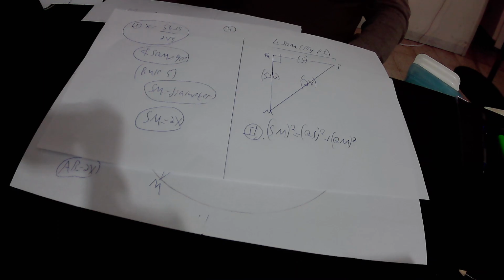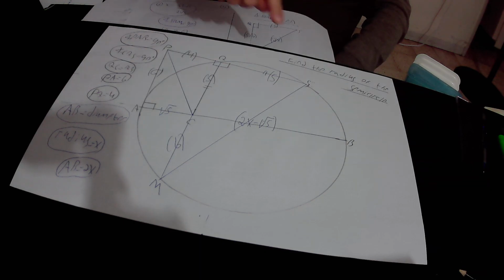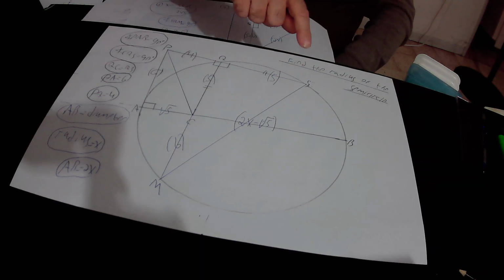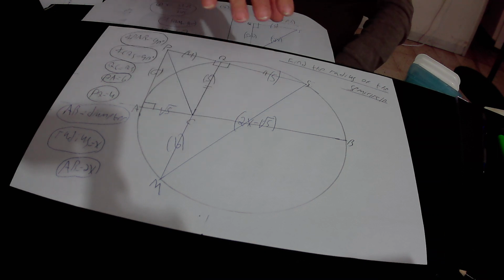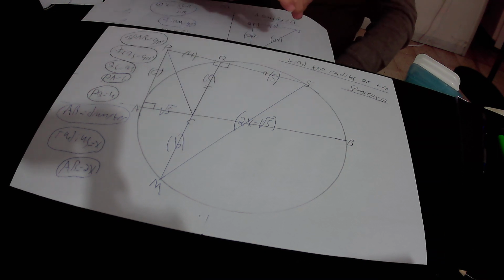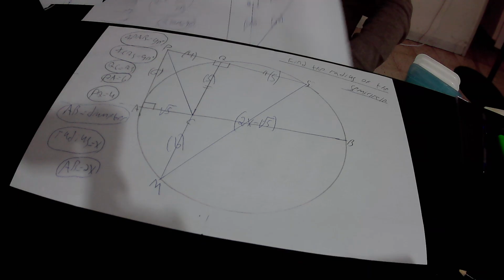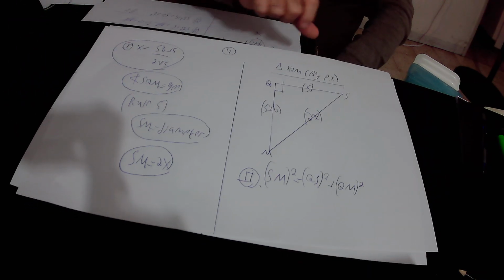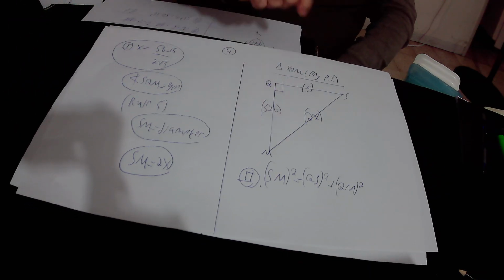According to our definition, the radius of the circle is x, therefore the diameter SM must be equal to 2x. So here, the diameter SM equals 2x. Then I copied the right triangle SQM onto a new page and implemented the Pythagorean theorem in this right triangle SQM. This is the right triangle SQM that I copied from the original drawing.